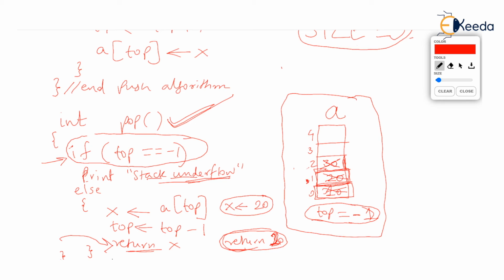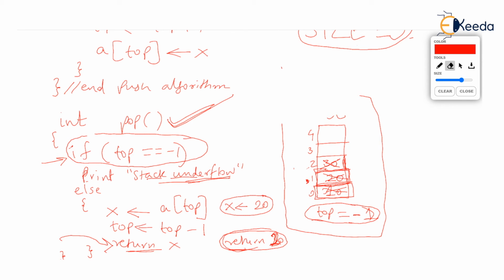Calling function will check, can I call pop? If stack is underflown, better don't call pop. Okay, so if top is -1, calling function will not call pop itself. But if the stack is not underflown, only then pop will be called. So basically, how is main going to call the pop function? Just see this.